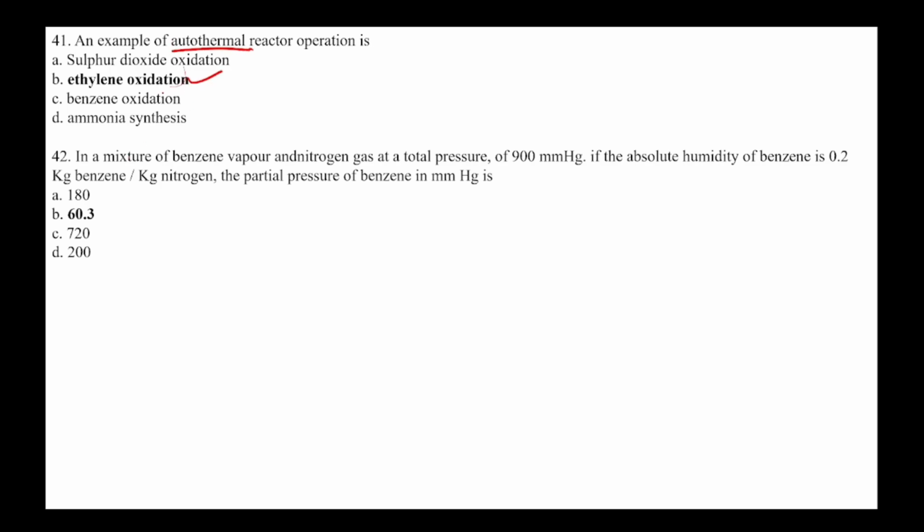An example of an exothermic reaction is ethylene oxidation. In a mixture of benzene vapor and nitrogen gas at a total pressure of 900 mmHg, if the absolute humidity of benzene is 0.2 kg benzene per kg nitrogen, find the partial pressure of benzene in mmHg.